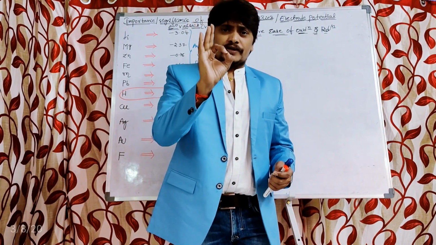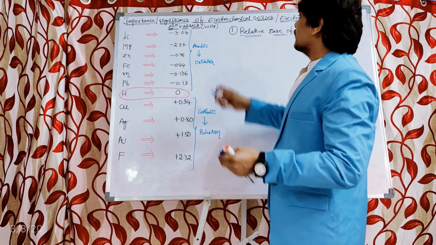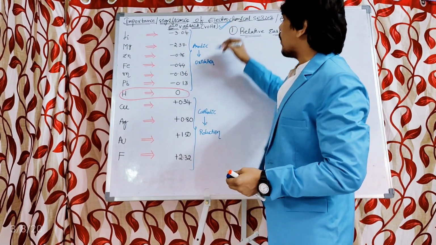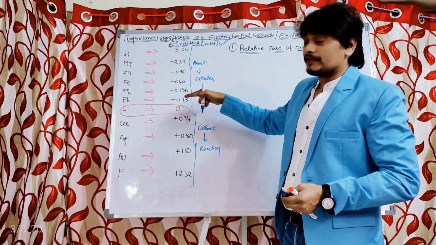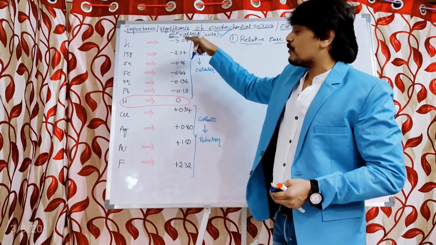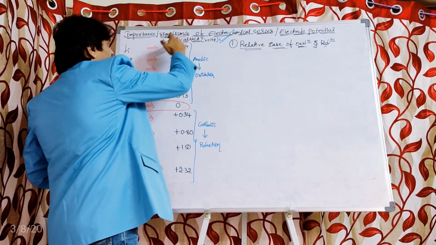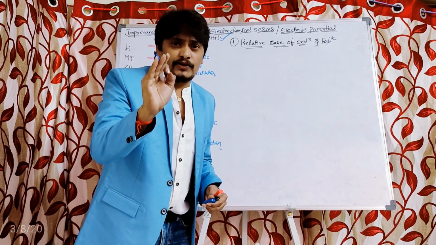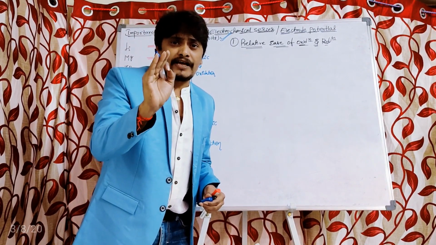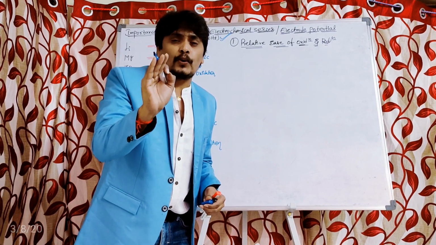Do remember students, the E naught values which are a part of the electrochemical series are the standard reduction potential values, and these are obtained by considering the reduction reaction of the electrode.